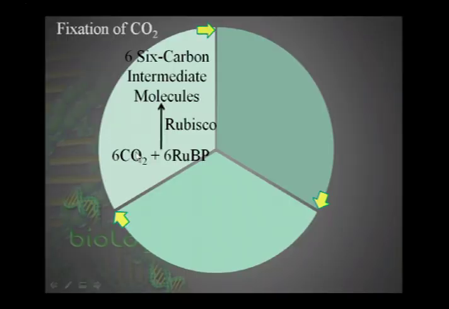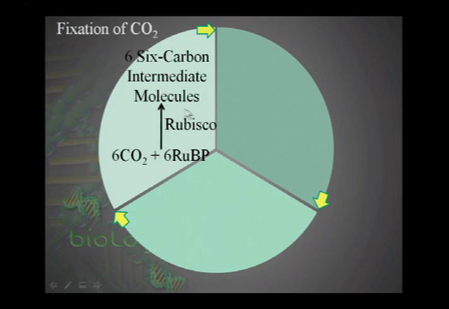So carbon dioxides are going to be added to molecules called ribulose bisphosphates. We're going to start with 6 ribulose bisphosphates, and 1 carbon from carbon dioxide will be attached to each of those to generate 6 carbon intermediate molecules. The ribulose bisphosphates are composed of 5 carbons each. We're going to add a carbon from carbon dioxide to each of those, so we'll end up with 6 carbon molecules.